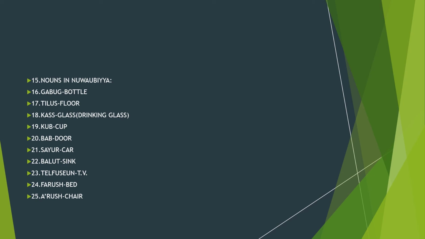Okay, so this has a double S, right? Kas. If it was K-A-S, it would be kas. But when you double the S, it's symbolic of putting a shadda on an Arabic letter, for those who are familiar with the Arabic. It's kas, and it means glass.